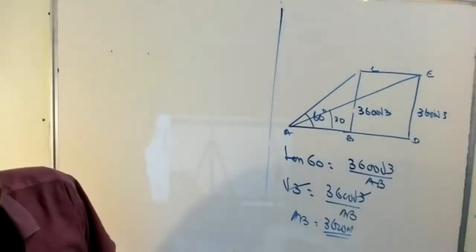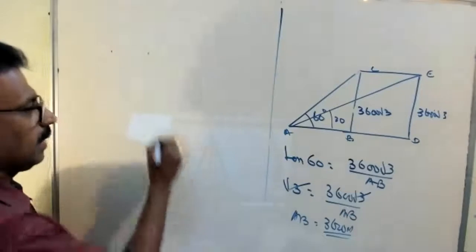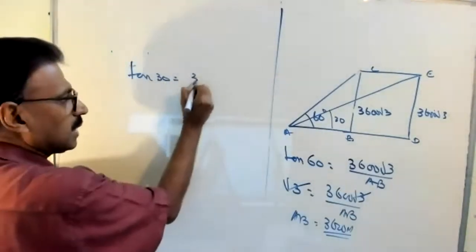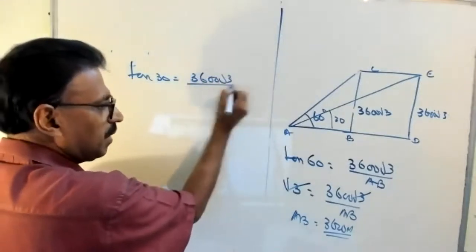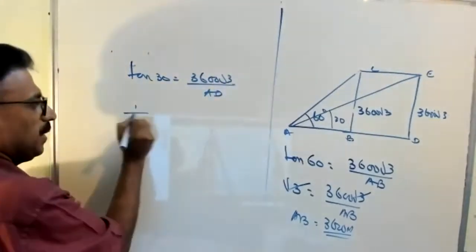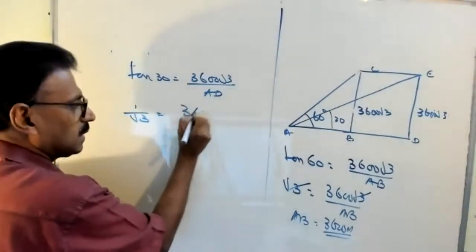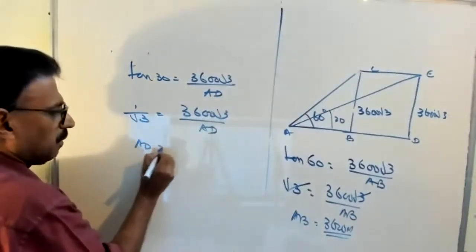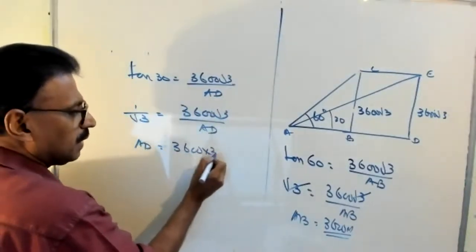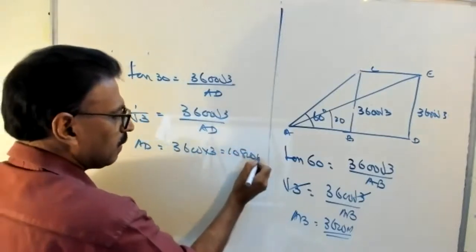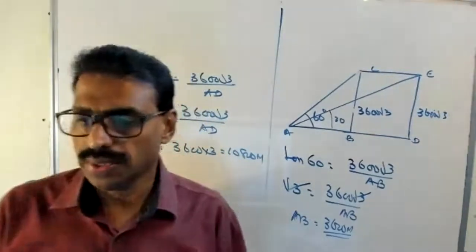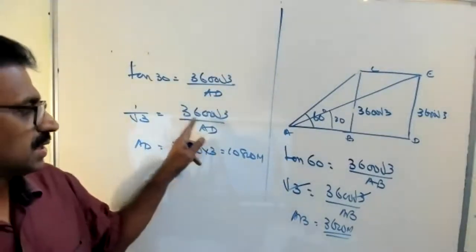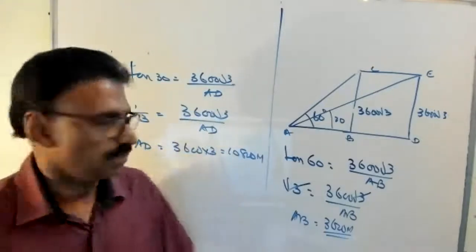Then now tan 30 equal to 3,600 root 3 divided by AD. 1 by root 3 equal to 3,600 root 3 by AD. AD equal to 3,600 into 3, that is 10,800. Correct or no? Multiplication 3,600 into 3.